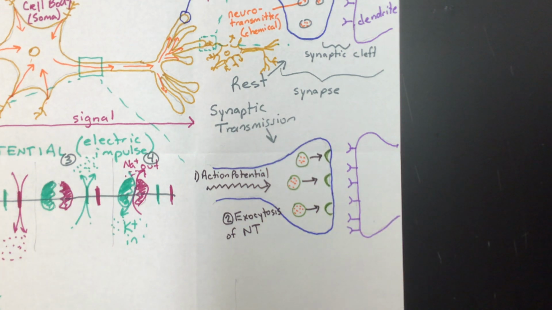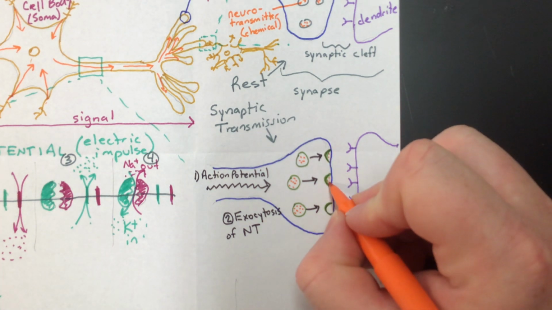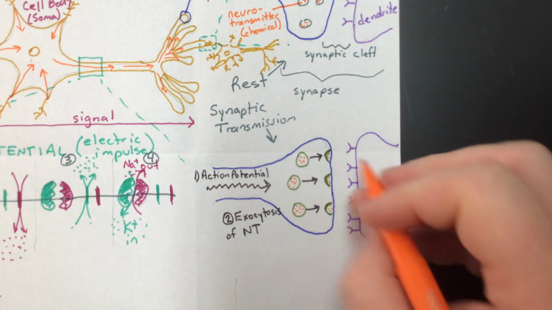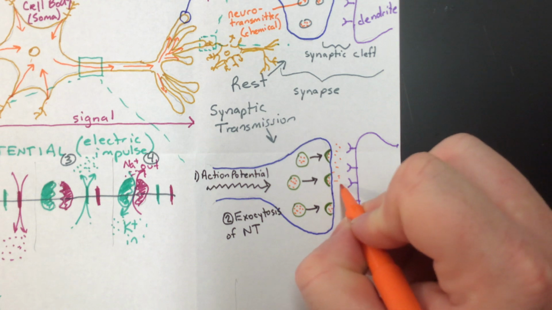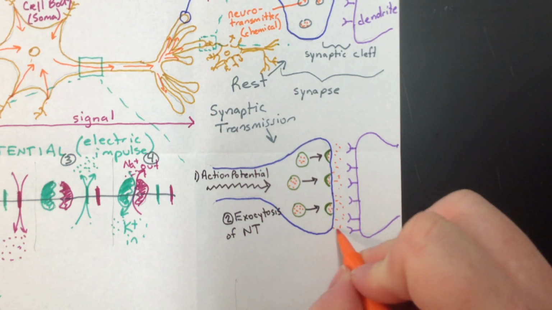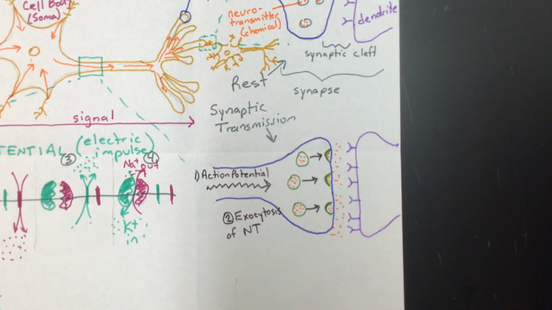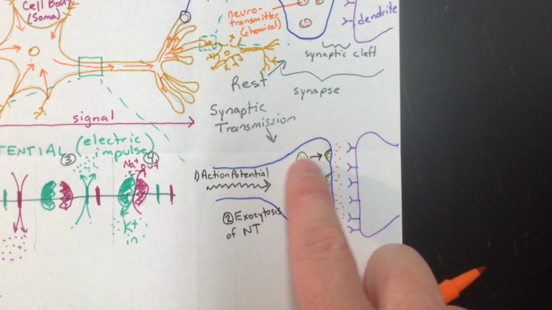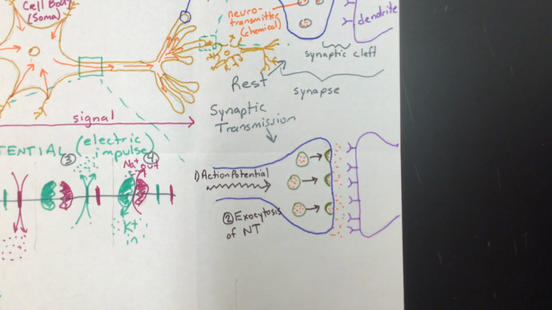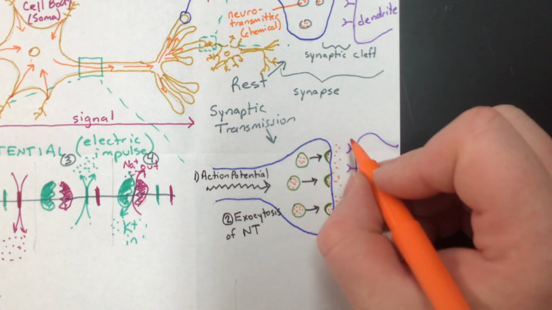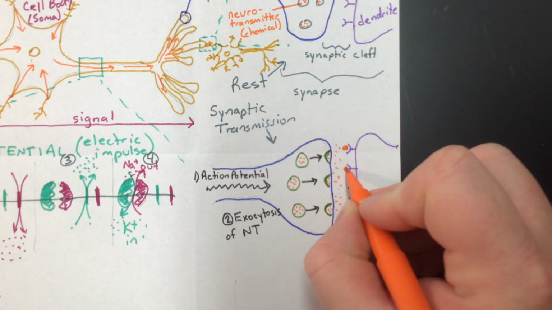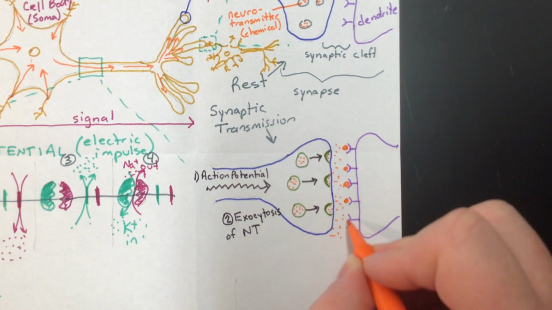They bind to, they merge with the end, and then the chemicals that were in there, those neurotransmitter chemicals, acetylcholine is one type, spill out into the synaptic cleft, and that's the part that's exocytosis, where the synaptic vesicle goes to the end of the cell, spills out its contents outside of the cell, and now these neurotransmitters can bind to the postsynaptic cell.